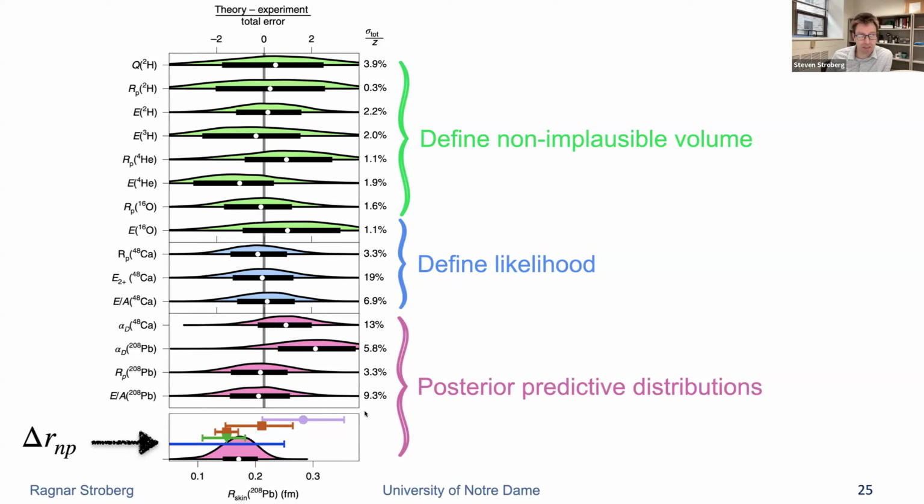Then pink is going to be the posterior predictive distribution. This is just a pure prediction. The sampled interactions are weighted by the likelihood. Interaction points that do a good job of reproducing the radius, energy and 2+ excitation energy of calcium-48 get a high likelihood, and that dictates their weight in these final distributions.